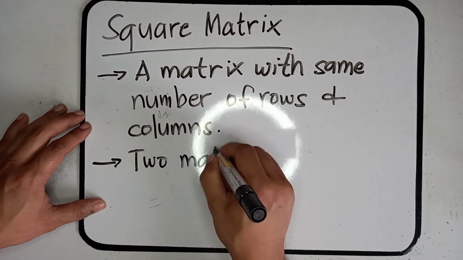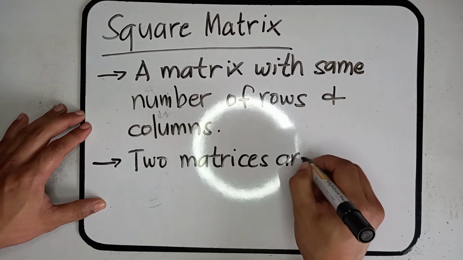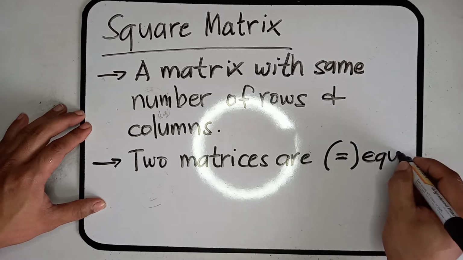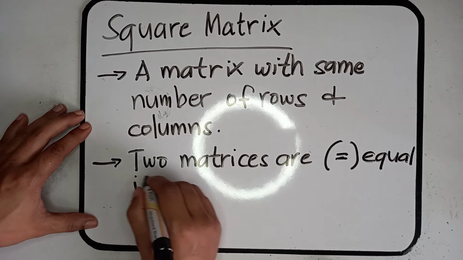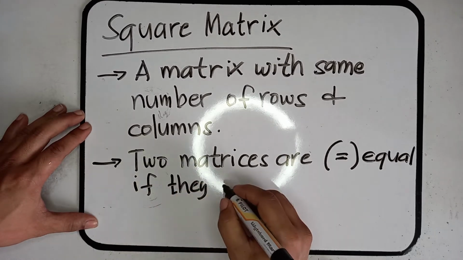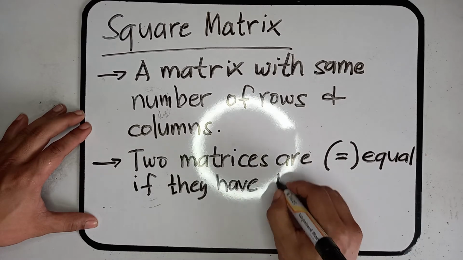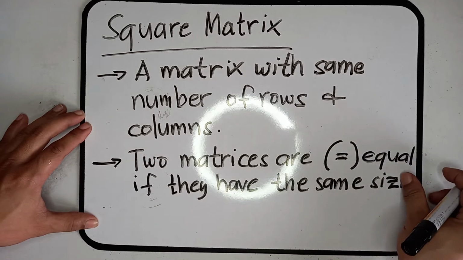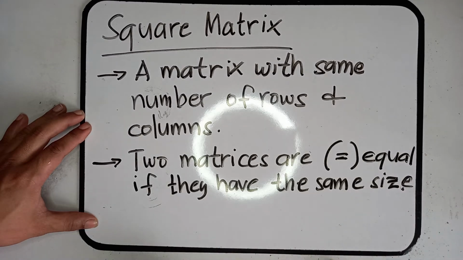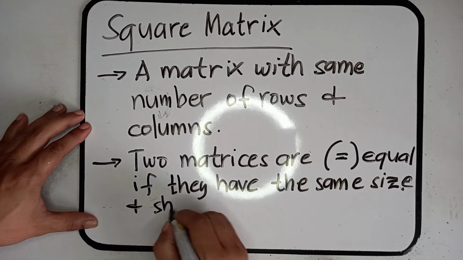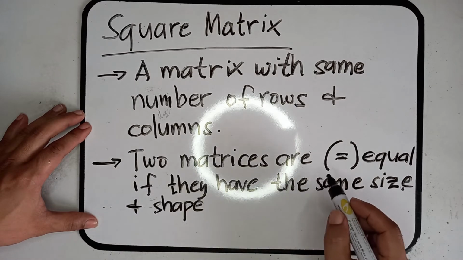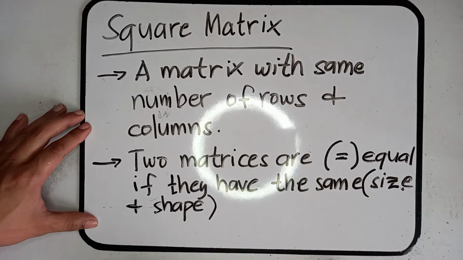Two matrices are equal if they have the same size and shape.